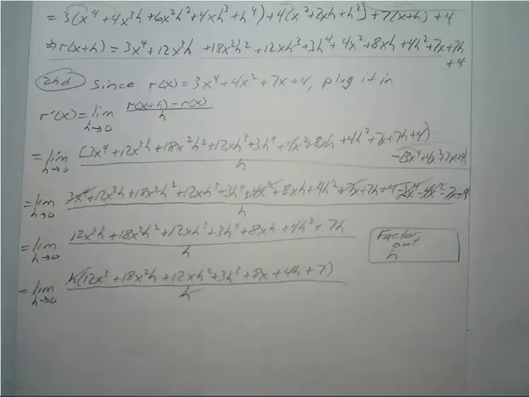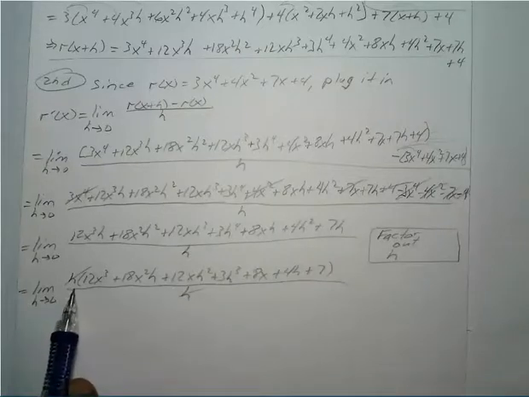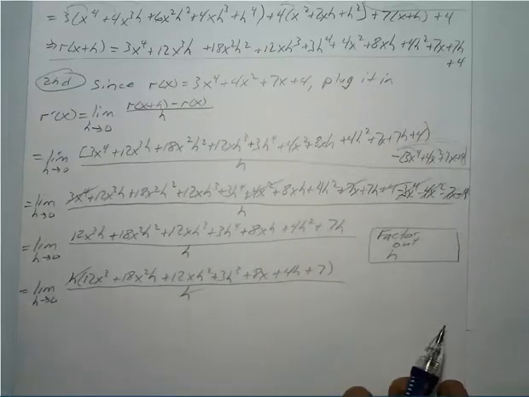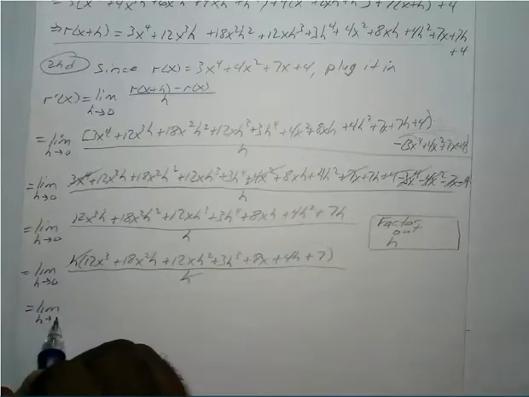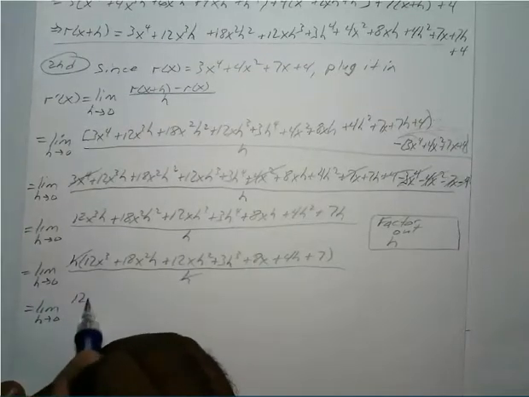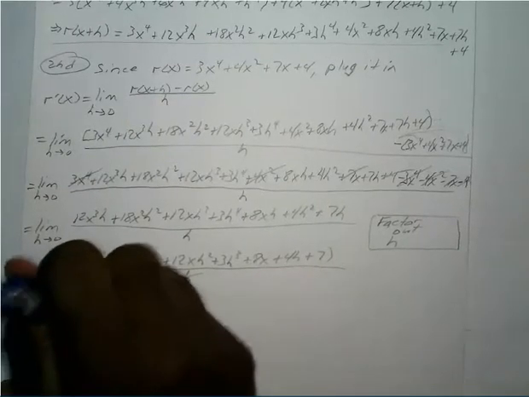Okay. Now once you cancel out your h's, you can go ahead and use direct substitution. So you have equal to the limit as h approaches 0 of 12x to the 3rd. Oh, we don't need that up there because we canceled out the h, so I can bring that down.